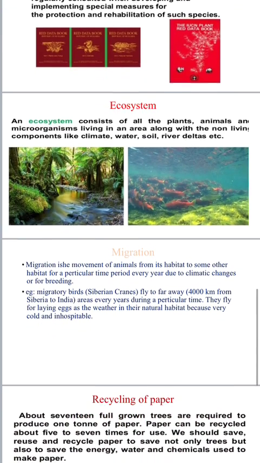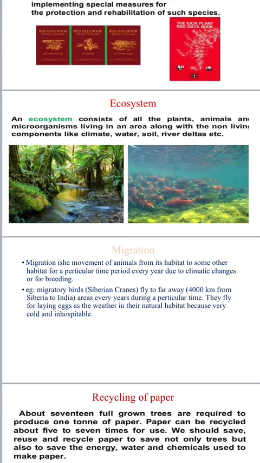What is an ecosystem? An ecosystem consists of all the plants, animals and microorganisms living in an area along with the non-living components like climate, water, soil, rivers, deltas, etc.